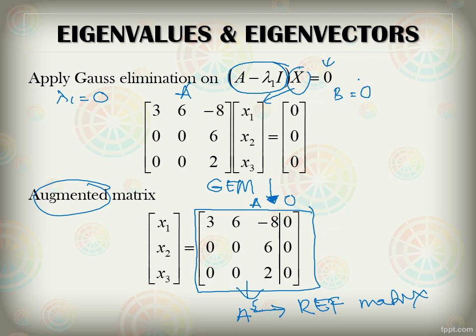I don't want to explain more on how to do this. It is based on your practice to master the GEM or GJE, the Gauss Jordan elimination method. Alright, so we go to the next slide.